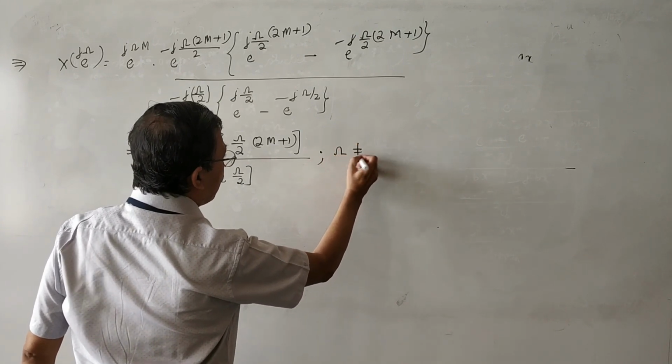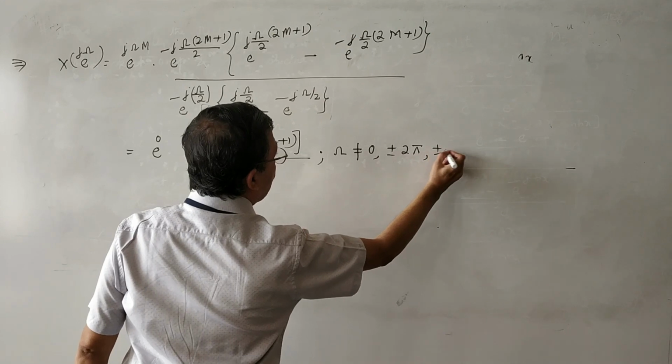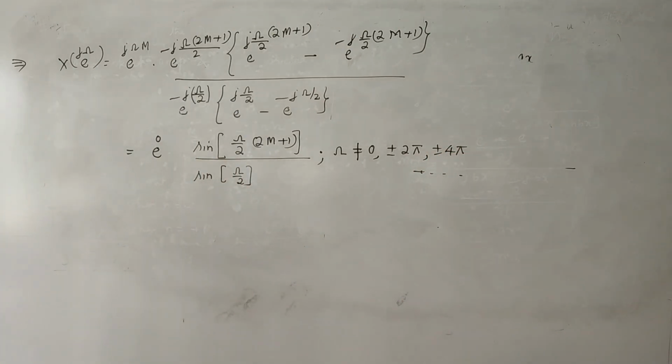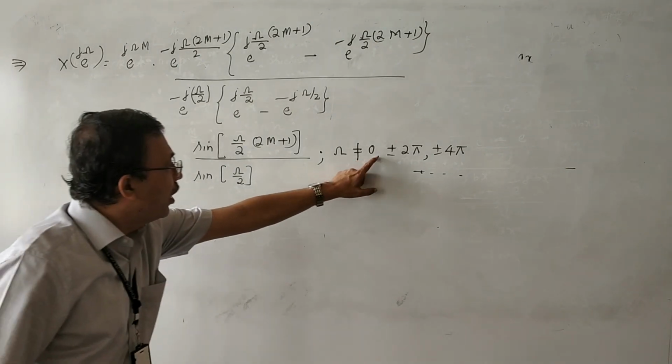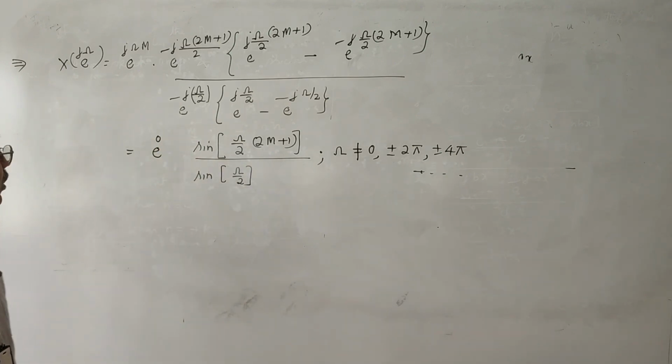Therefore, I will put a condition. Omega cannot be 0. Omega cannot be plus minus 2 pi. Omega cannot be plus minus 4 pi and so on. These conditions ensure you don't get 0 by 0 type of fraction.